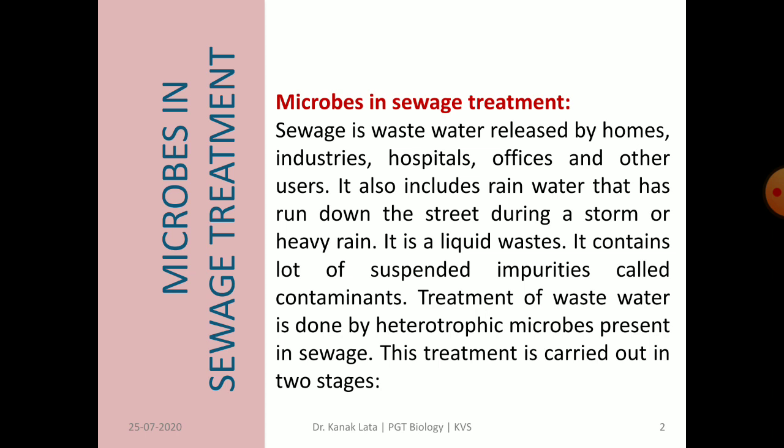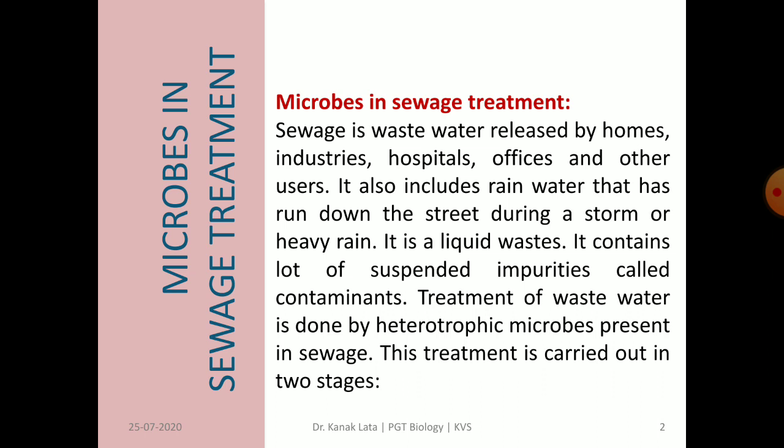So before releasing into water bodies like rivers and streams, it must be treated in sewage treatment plants called STPs. Treatment of wastewater makes it less polluting, and it is done by heterotrophic microbes.